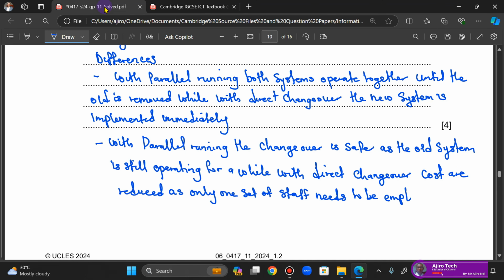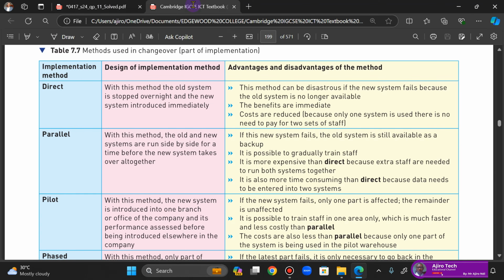So we're just looking at the difference between both of them. So if the system fails, but again for direct changeover, you can see that costs are reduced as what? Only one system is used. So there's no need to pay. And the benefits for direct is what? Immediate, while both of them can still be used until the old one is removed. Okay?